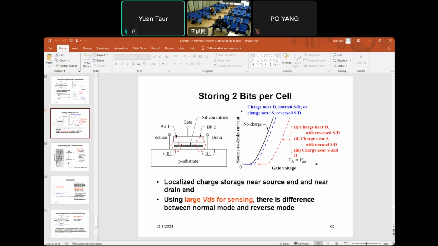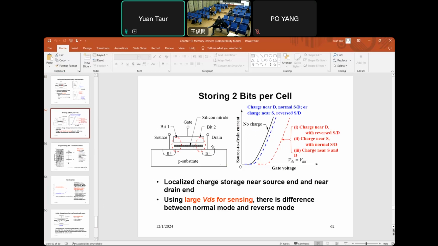So you measure the IV twice. Normal mode means the drain is high. Reverse mode means the source is high. If in both cases the VT is low, then there's no charge on either side.